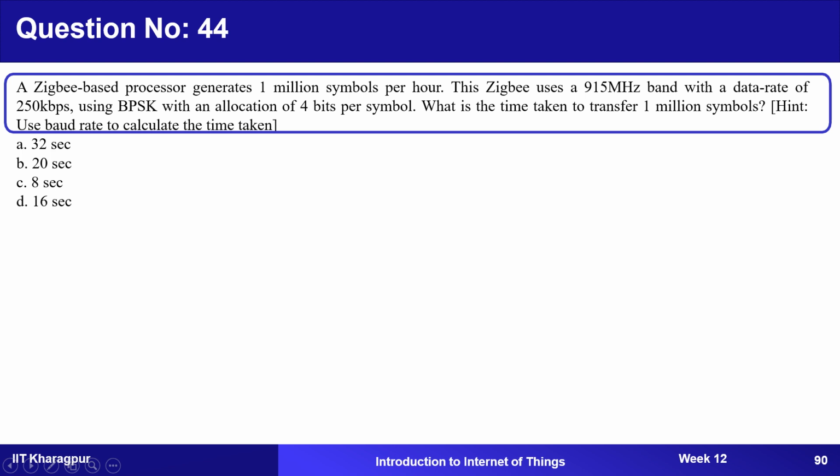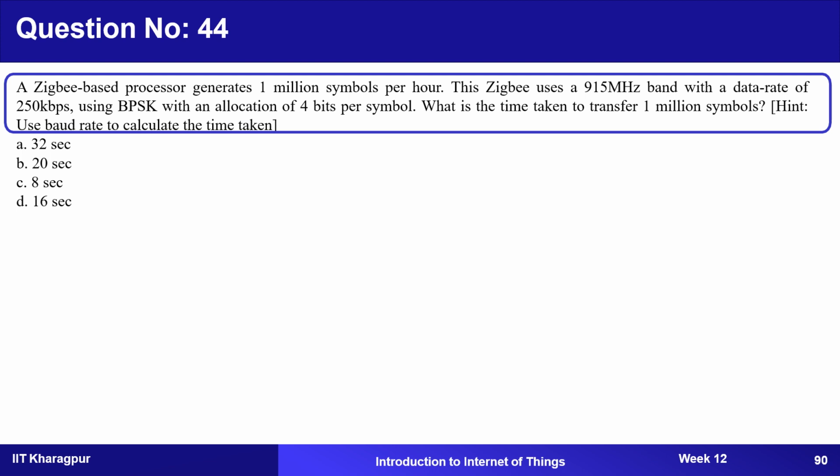Data rate is 250 kbps. 250 kbps means that you can send 250 kb in 1 second, right? It means 1 byte can be sent in 1 by 250 seconds. 250 into 1000, sorry, 1000 also, because k is also there, right? See, 250 kbps means in 1 second you can send 250 kb.